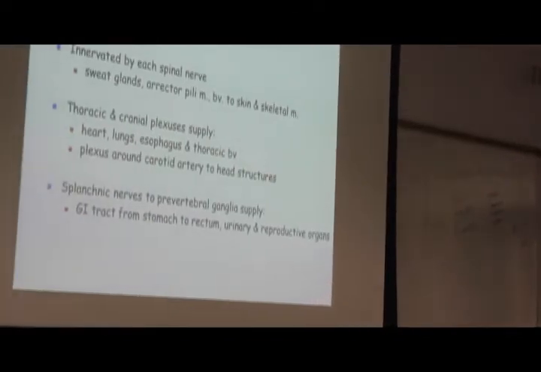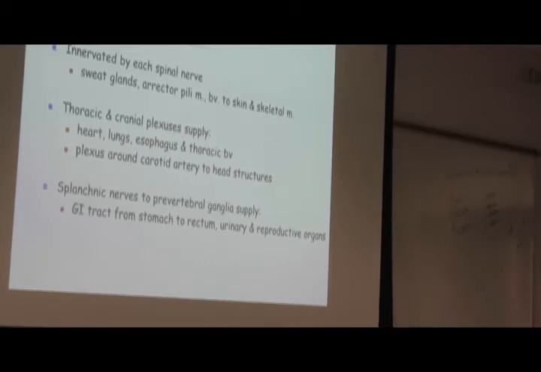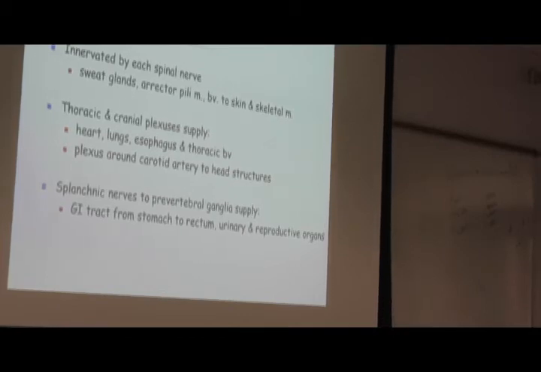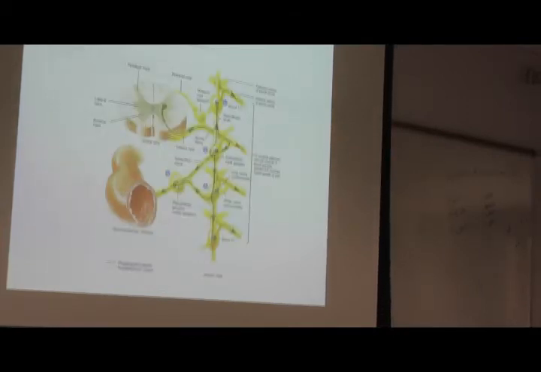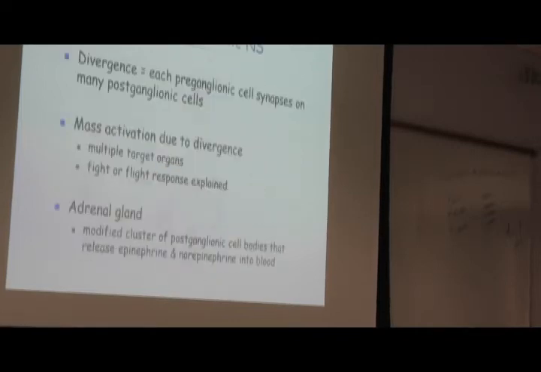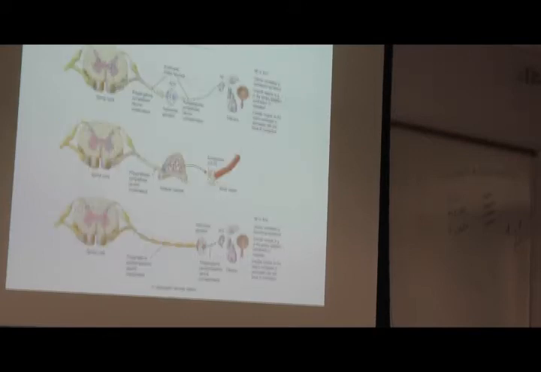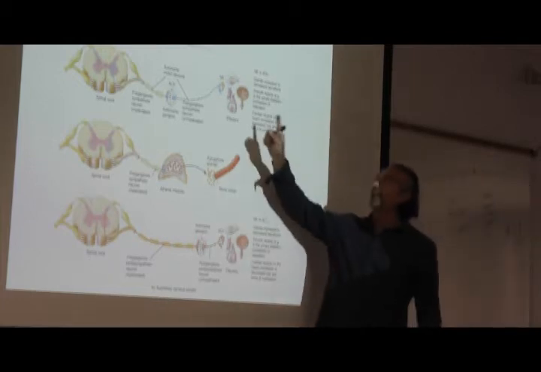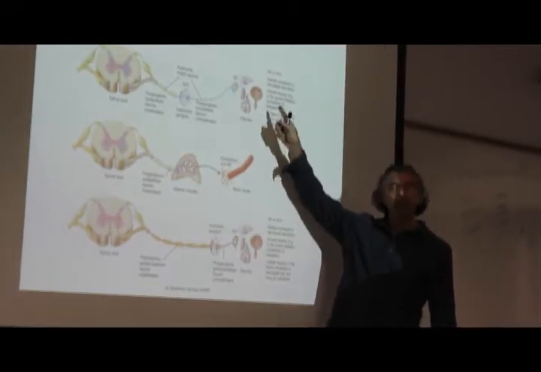Let's see, innervated by each spinal nerve. Okay, so skipping that, and skipping that, and skipping that one too. And here's a good picture though. That's pretty much what I was trying to show you yesterday, drawing the picture out for you as far as going to a heart or your liver or your gallbladder.